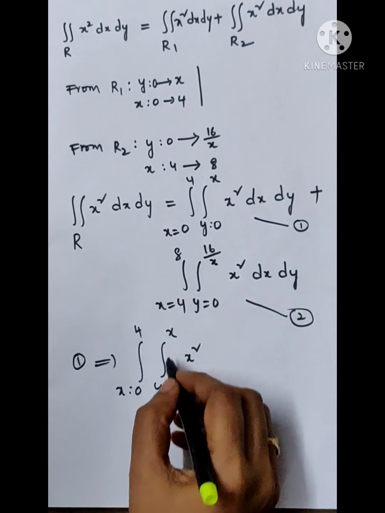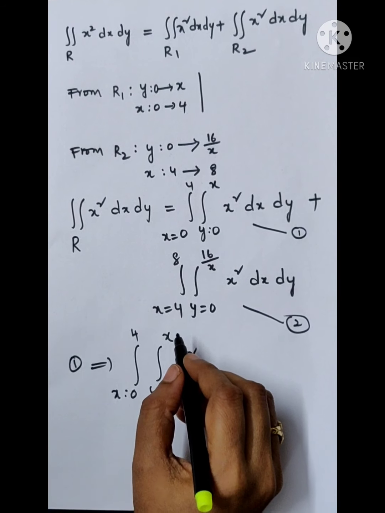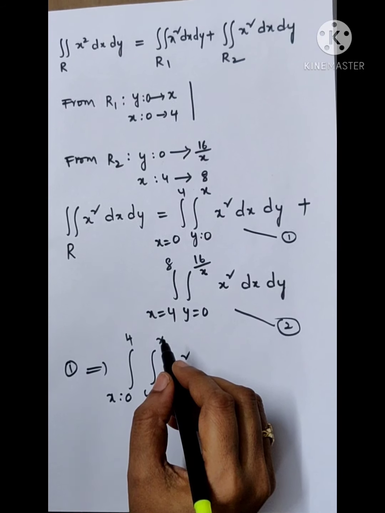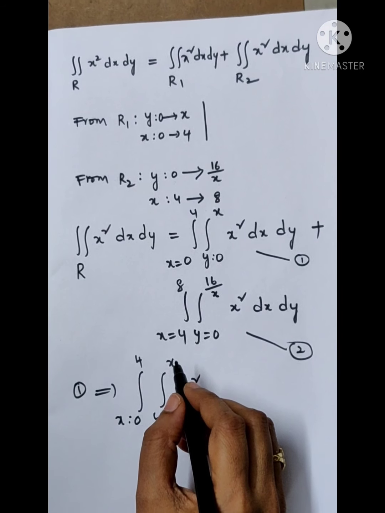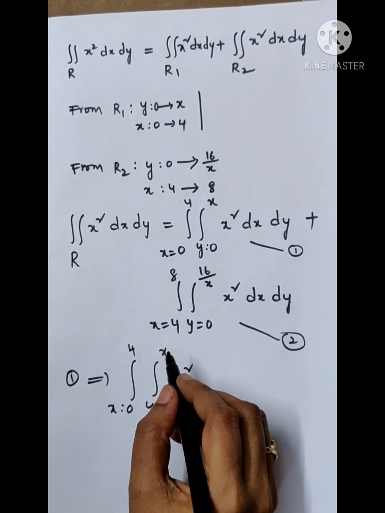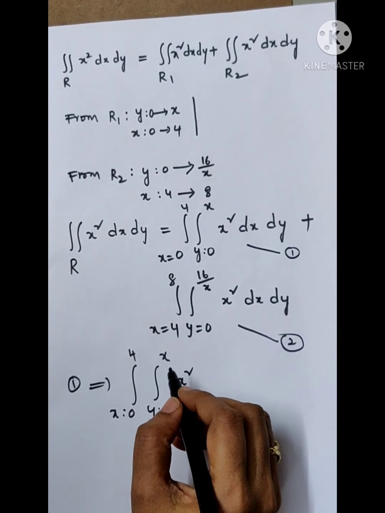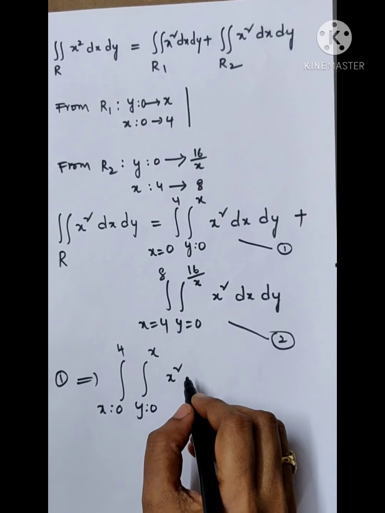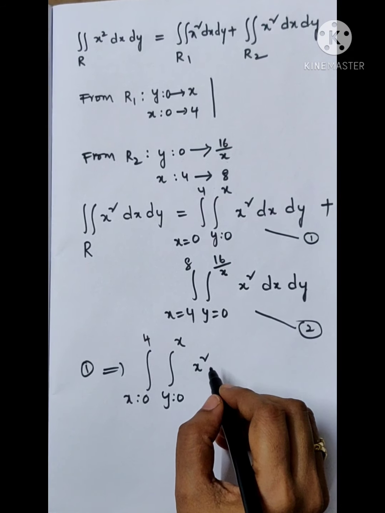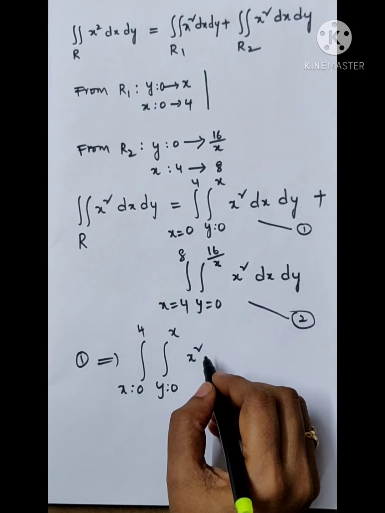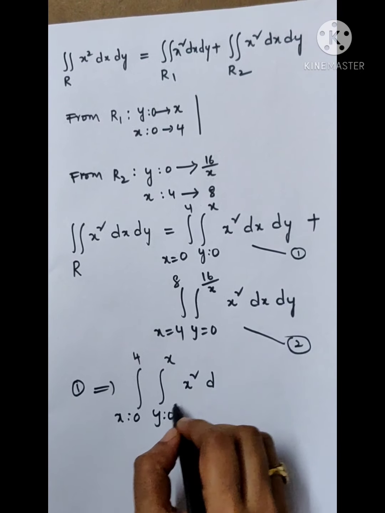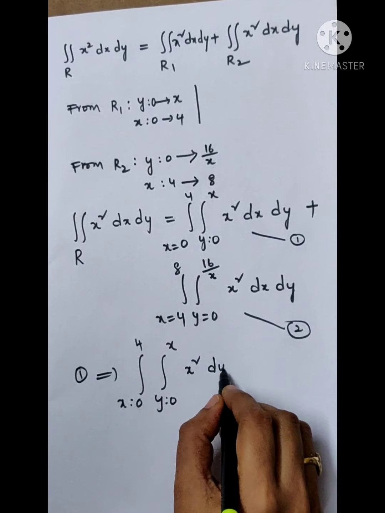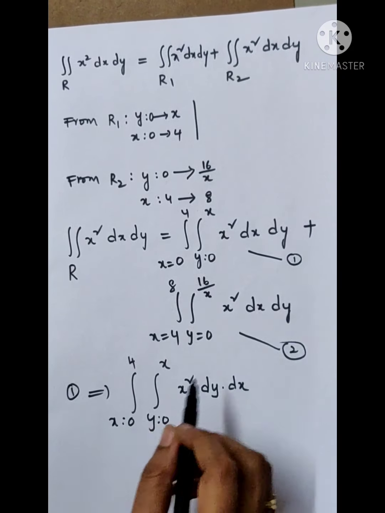We have y limits in terms of the variables in the region of integration since we are taking a vertical strip, which means we have the chance to integrate with respect to y first. So as the y limits are variable, first write dy and later dx.